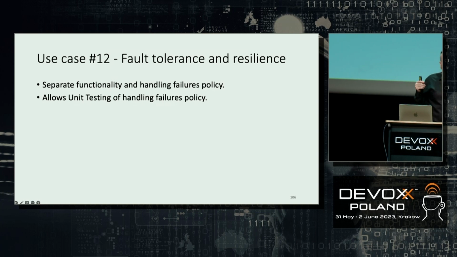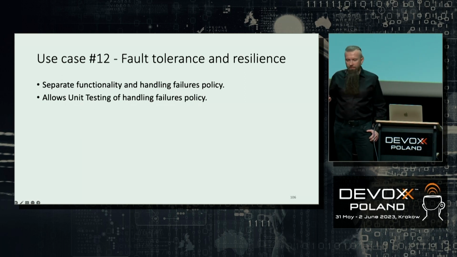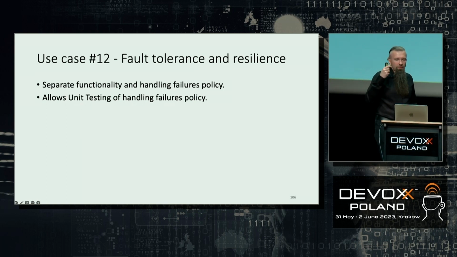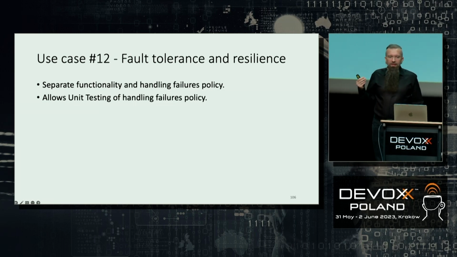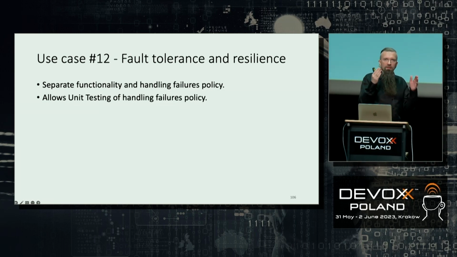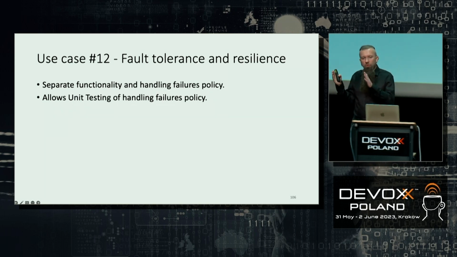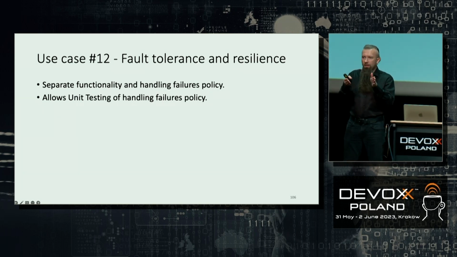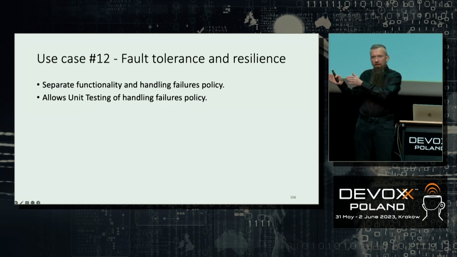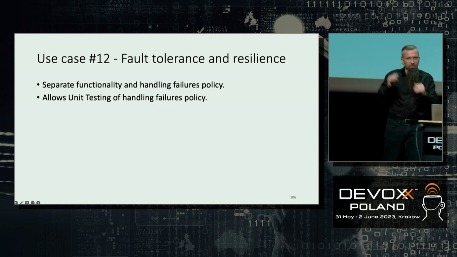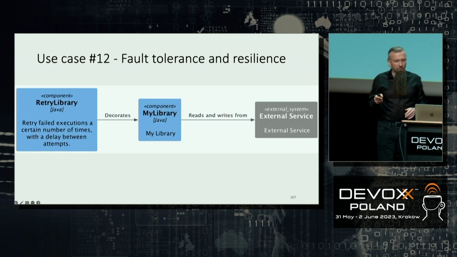The good idea is to separate functionality, our business rules and behaviors, from the failure handling policy. This allows us to write simple unit tests against the fault tolerance and resilience, and against the business rules, and not mix them together.